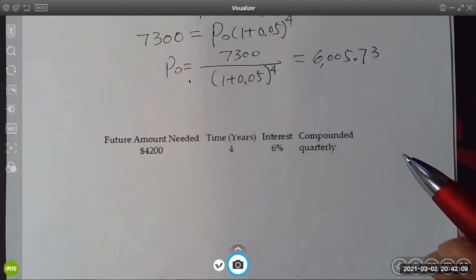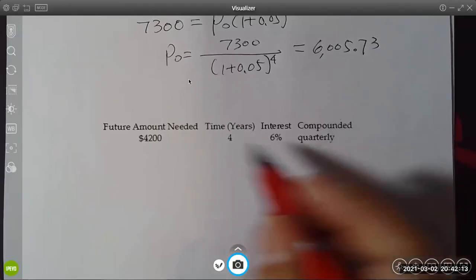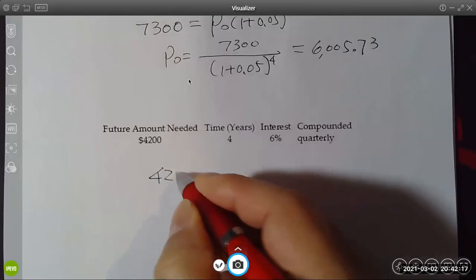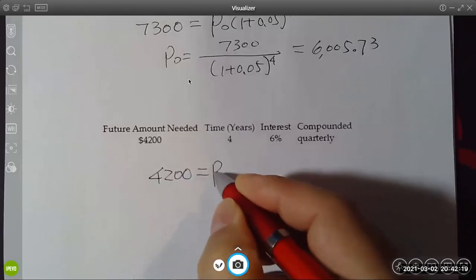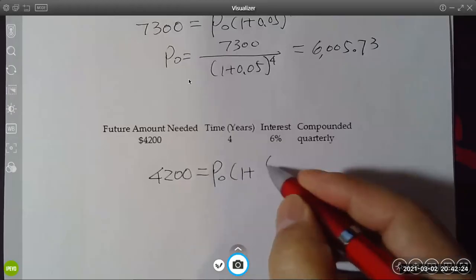Okay, now next one, same question, we need to find the present value. So we just have a different set of terms. So we just redo the calculation. Future value equals P0 times 1 plus interest rate.